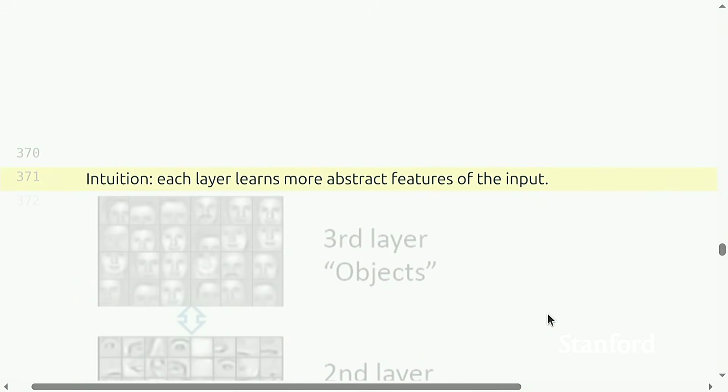Maybe more helpfully, the intuition is that each layer learns more and more abstract features of the input. So this is a story that people tell. There's nothing rigorous or mathematical about why it's learning more abstract features, but this empirically seems to be borne out, and this helps us understand what these models are doing.